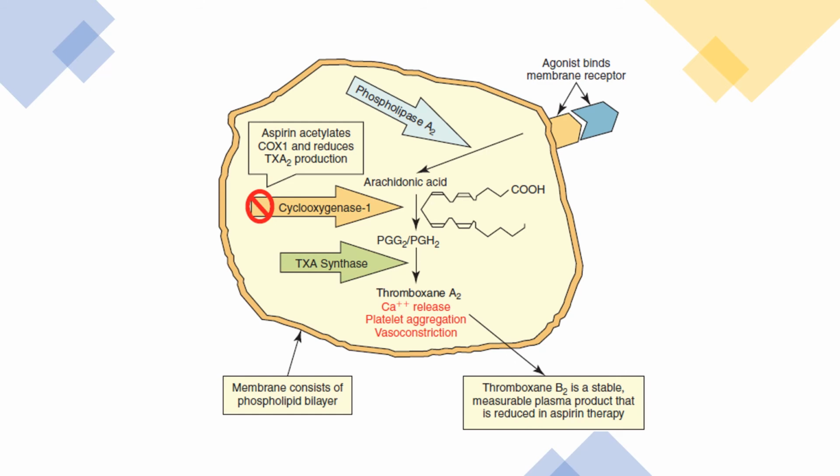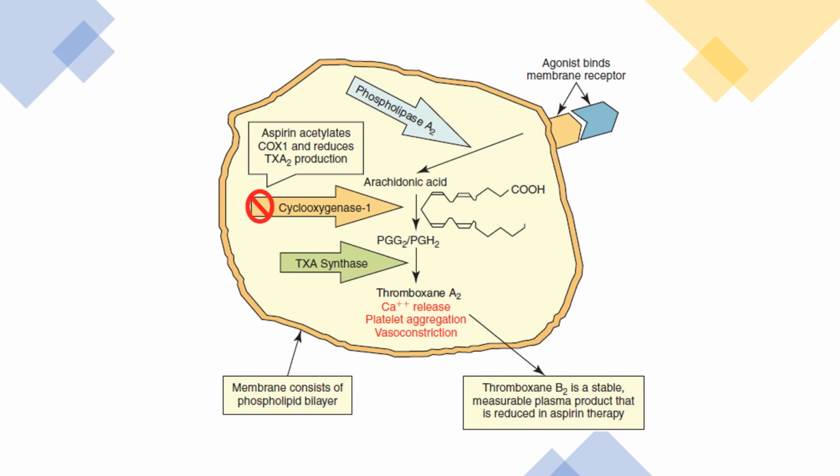In this slide, we can see the structure of the platelet. The outer part is the phospholipid bilayer, the cell membrane of the platelet. The cell membrane contains phospholipid, and through the action of phospholipase A2, this phospholipid membrane will be converted into arachidonic acid.